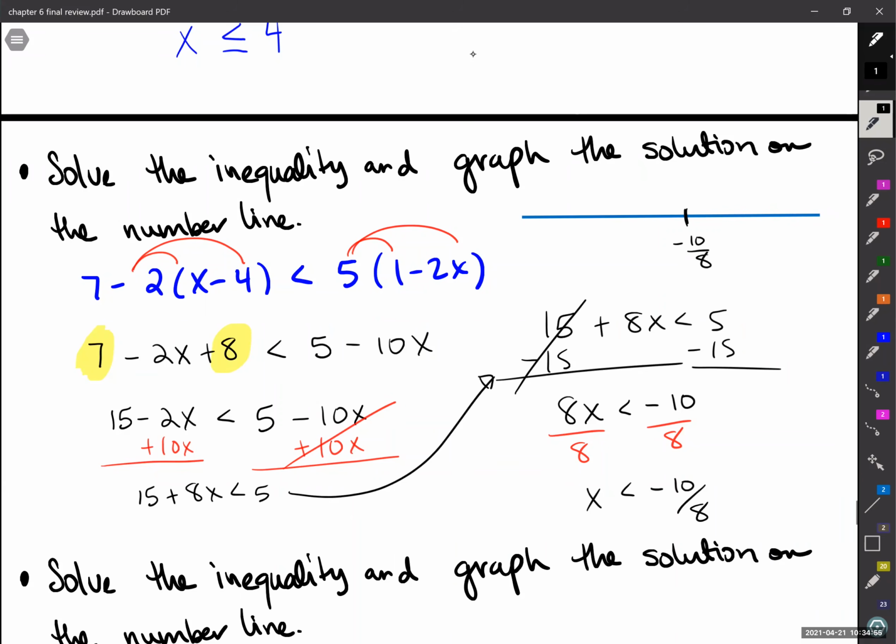The little point is pointing to the x, so x is smaller than negative 10 over 8. Open circle because it's not or equals, and then we'll shade to the left.